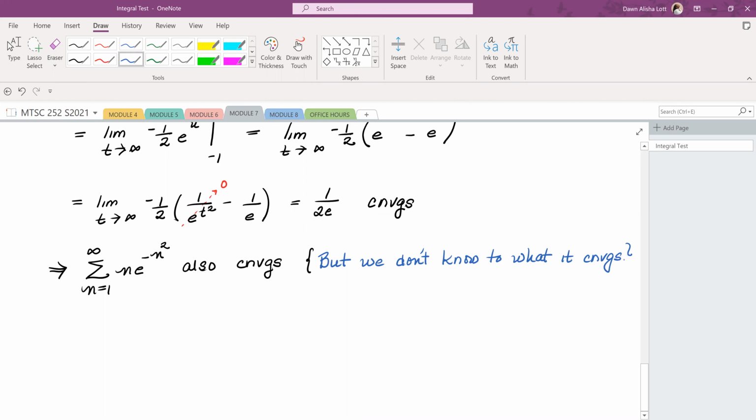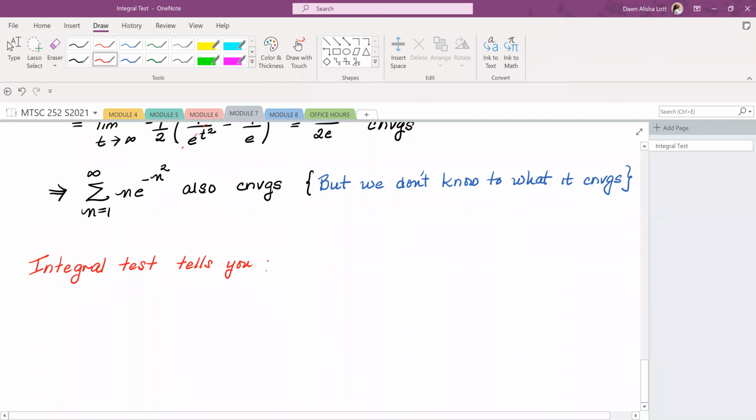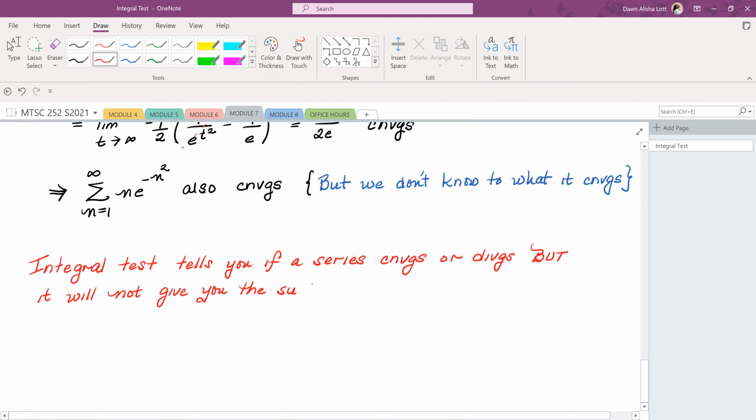So the integral test will tell you whether something converges or diverges, but it will not give you the sum. Okay. All right.